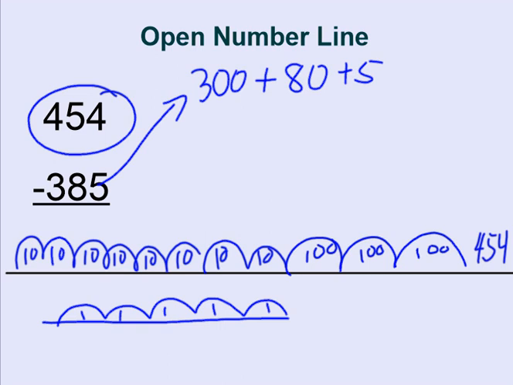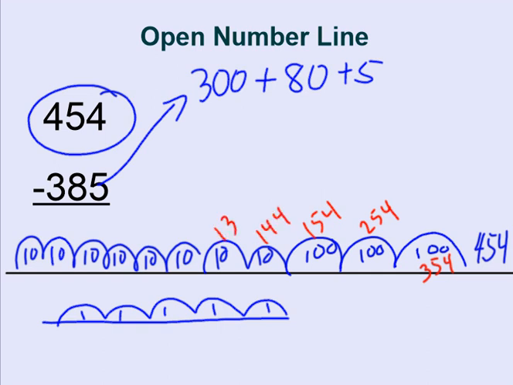So 454 take away 100 is 354. And I can write it up here for neatness. 354 take away 100 is 254. 254 take away 100 is 154. 154 take away a 10 is 144.